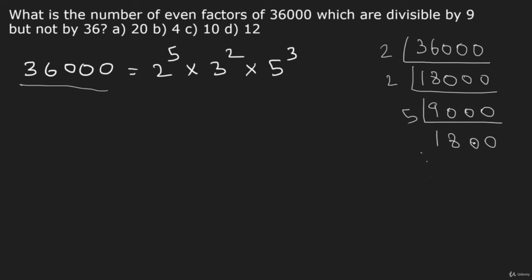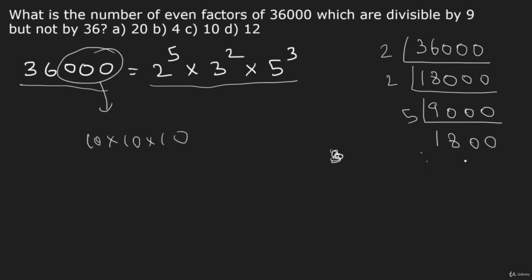So this is right. If you do that, you will get these numbers and you can write it in this manner. Now you could also take it like this. Say you know that you have 3 zeros over here, right? So let me show you a quicker method. You have 3 zeros over here, so that's 10 into 10 into 10, right? We know 10 is equal to 2 into 5, right?